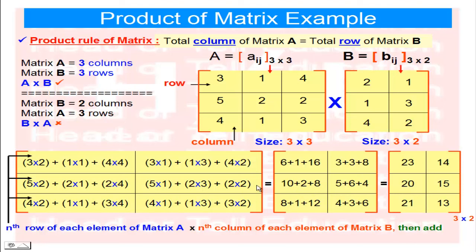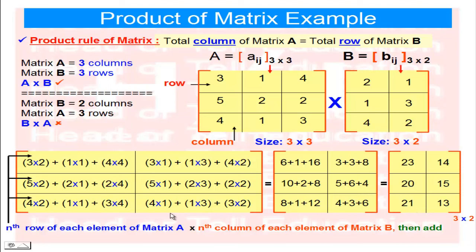Next, for this column value, 5 is multiplied by 1, 2 is multiplied by 3, and 2 is multiplied by 2, so 5 plus 6 plus 4 equals 15. Similarly for the third row and first column value, 4 is multiplied by 2, 1 is multiplied by 1, 3 is multiplied by 4, and after adding 8 plus 1 plus 12, we have 21.